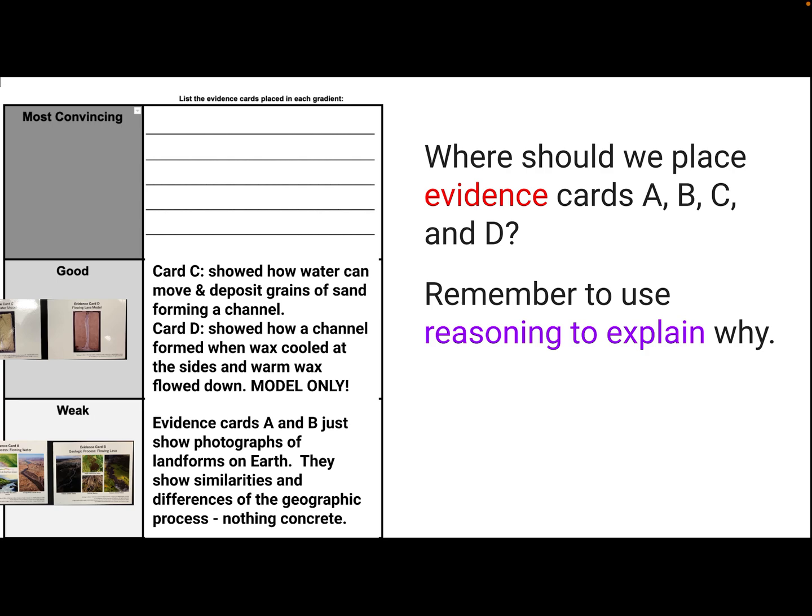And do you remember key concept number 5 states that models are used and they're really good about showing us some really important information or details about geologic processes. However, they're not the same as the real thing. And so even though it looks like this is great evidence, it's a model, and it does have its limitations. So we can't use that. We can't put that up in the most convincing, but it is good evidence. So I'm going to pause, have you guys pause and finish filling that out for me.